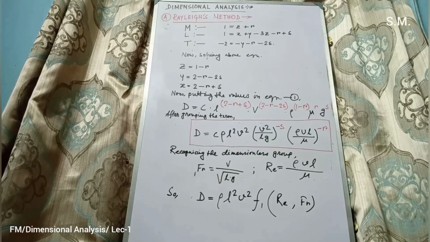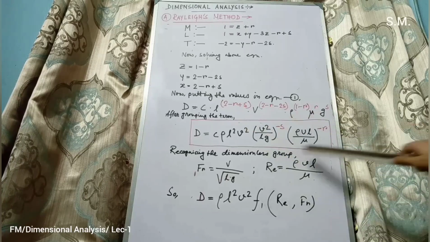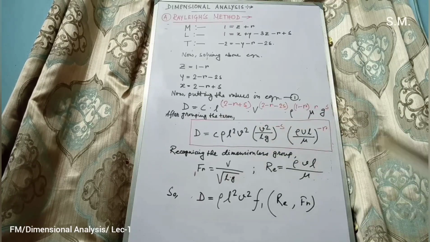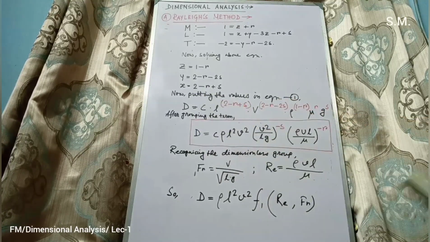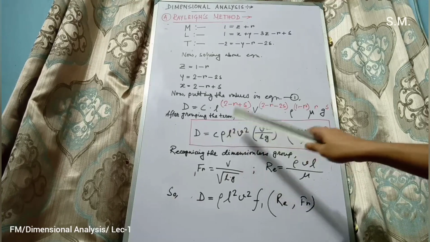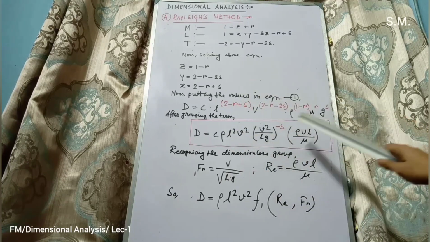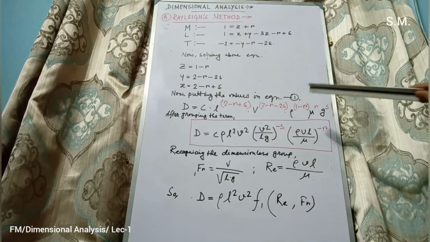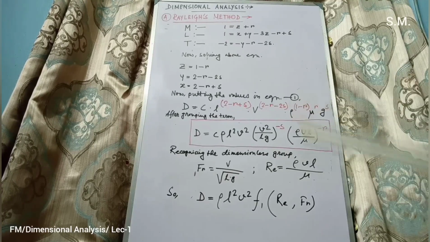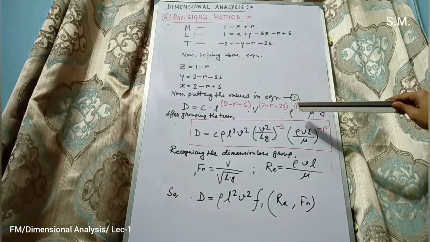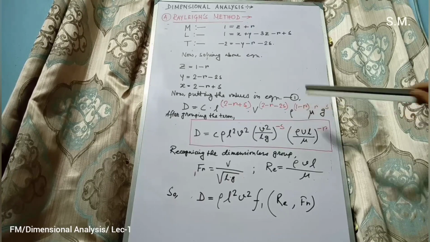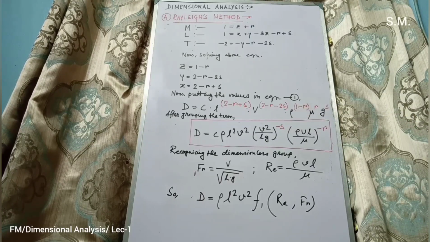After grouping the terms, we will get this formation. How? This is D equals C. In this equation, the power of rho is 1, and here also the power of rho is minus R if I split it up.